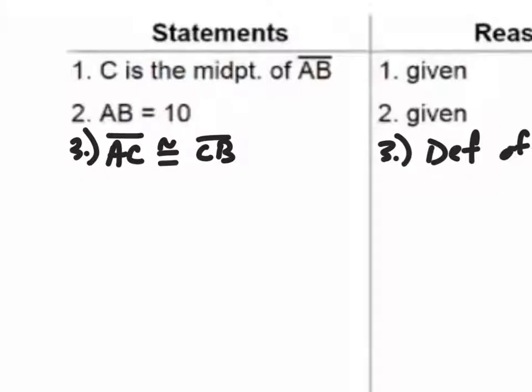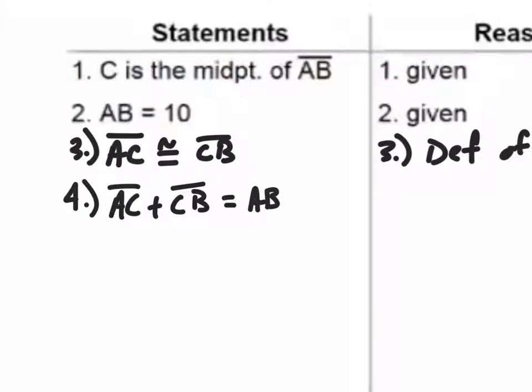We could say in step 4 that if I take AC plus CB, if I take the two small segments, AC plus CB, what am I going to get as a result? Well, AB. You guys remember what that is?